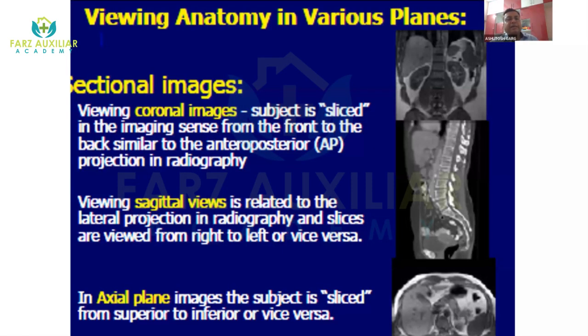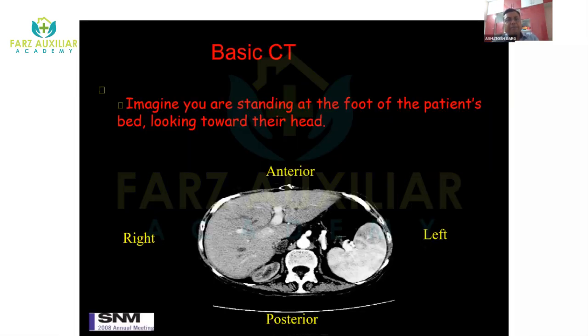Basically there are three types of images on the CT: coronal images, sagittal views and the axial plane. We all know the anatomy, so I am not going into detail. In a basic CT scan, you can imagine you are standing at the foot of the patient's bed, looking towards their head.